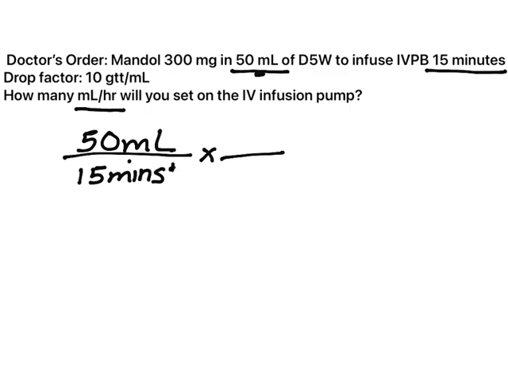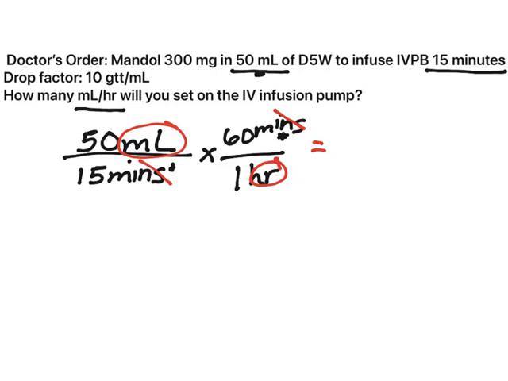So minutes is on the bottom, so minutes need to be on the top. So we know that 60 minutes is equal to 1 hour. So minutes is going to cancel out, and we're going to be left with mLs per hour. So now all we have to do is multiply straight across the top and bottom.